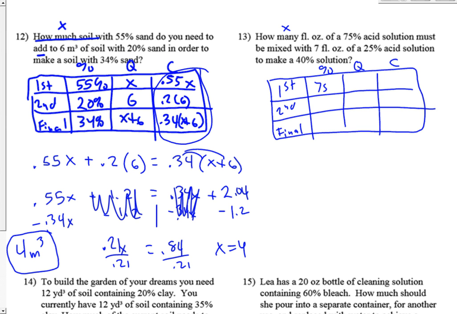So 75% with an unknown amount. It's going to be added with 7 fluid ounces of a 25% solution. So 25% and 7. And we want to make a 40% solution. And again, the quantity values are going to add up here. So you're going to get x plus 7.